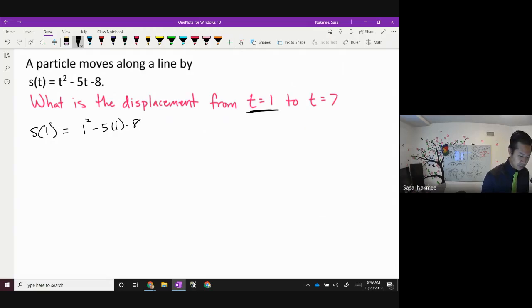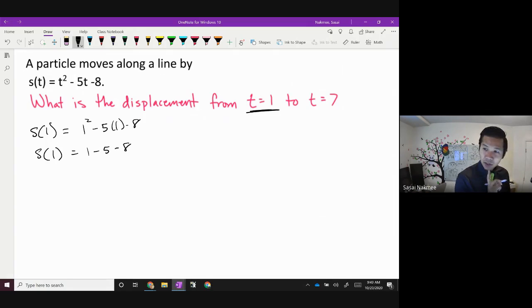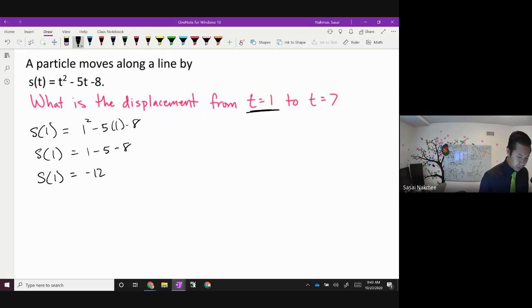So it looks like 1 minus 5 minus 8, which is going to give me, what is that? 1 minus 5 minus 8. Negative 12, right?